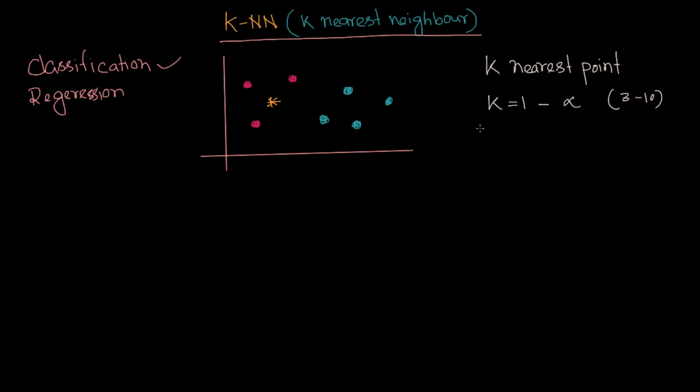Let's say k equals 3. That means for this particular star point, we are going to find the 3 nearest points. If we draw a circle over there, logically, the way I have drawn it, these 3 red points are nearest to this star. We'll see how to determine the nearest point.